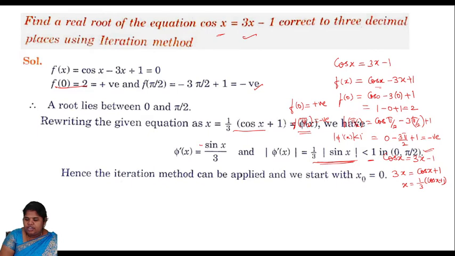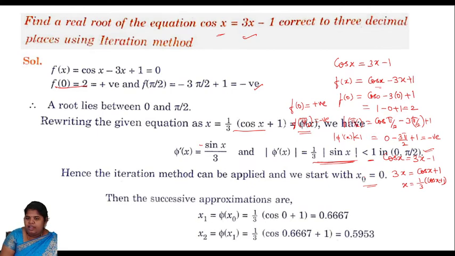Hence the iteration method can be applied, and we start with the initial value x naught equal to 0. Since the root lies between 0 and pi by 2, between those two values we take our initial approximation x naught as 0. So in the given phi of x, x is equal to phi of x, which is 1 by 3 cos x plus 1.